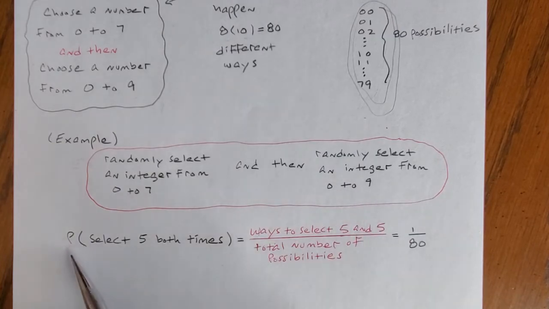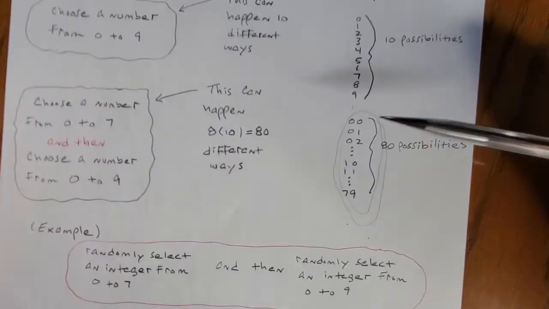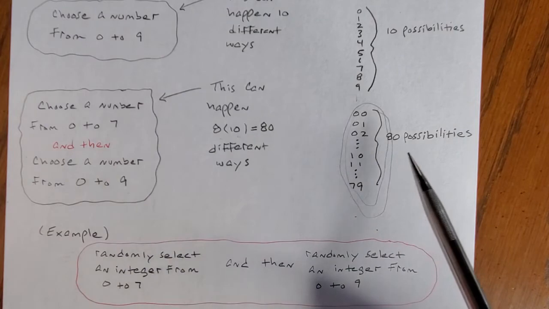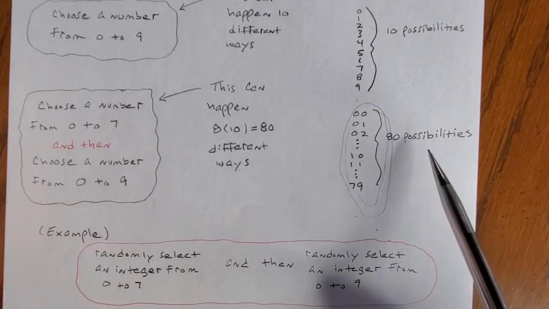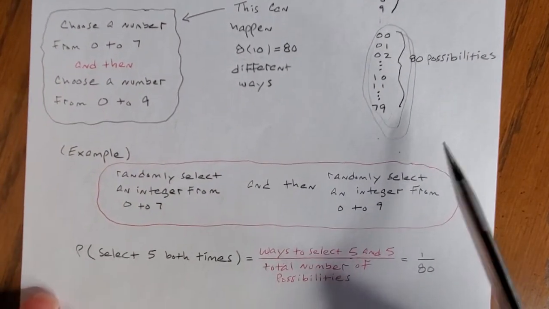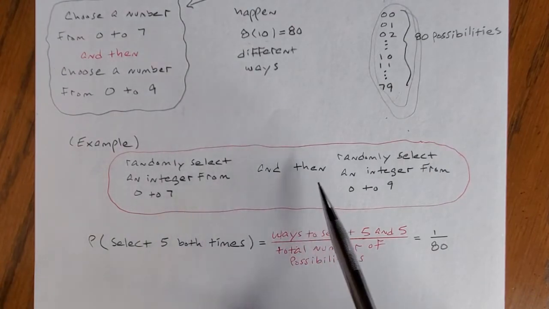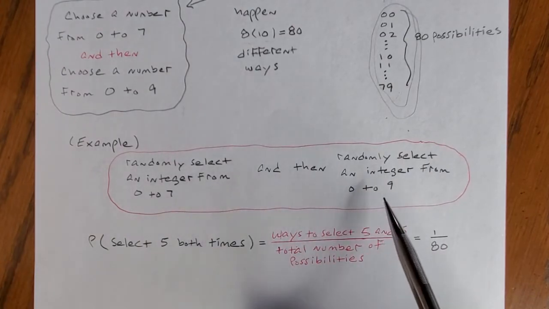What's the probability that I select a 5 both times? Okay, so let's see. How many outcomes are there? How many possibilities are there? Well, here's all your possibilities, right? We determined up there that there's 80 possibilities. 80 ways it can work out if you randomly select a number from 0 to 7 and then randomly select a number from 0 to 9.